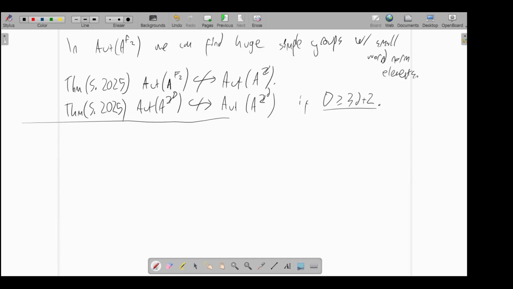I will not have time to explain in one minute how we find these simple groups. But maybe I can just mention another result that I proved: the automorphism group of A to the lamplighter has complete word problem.